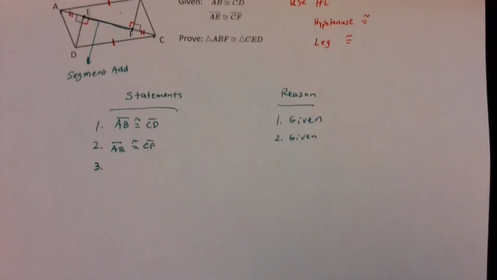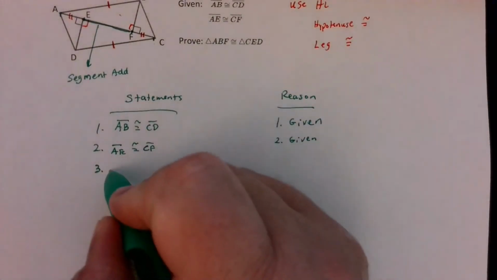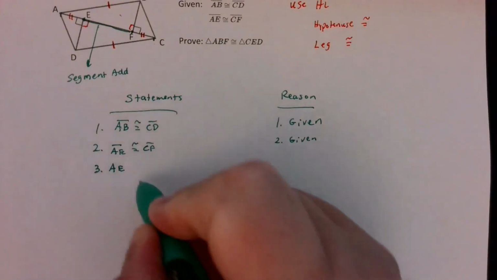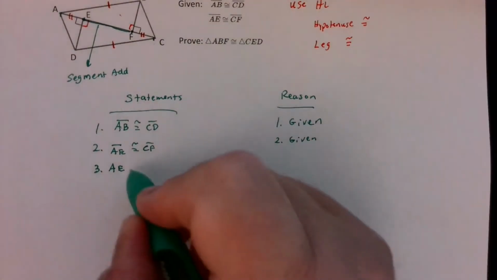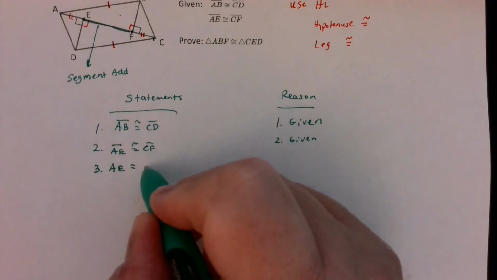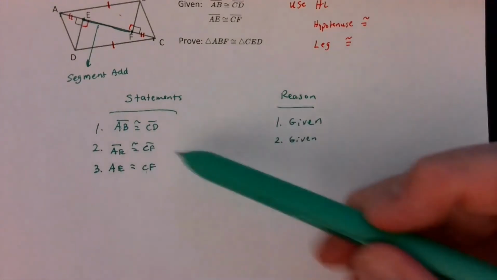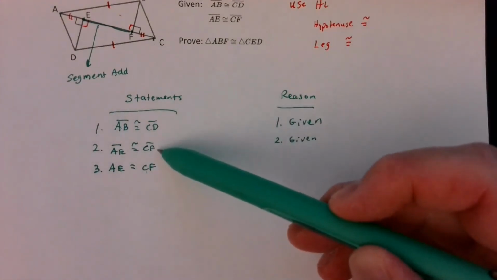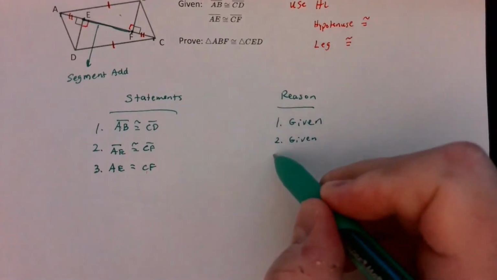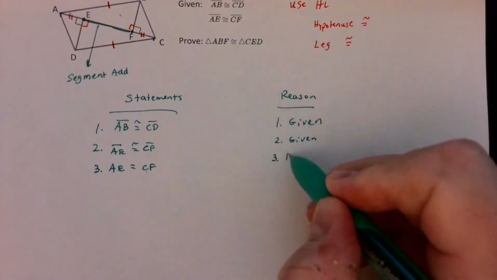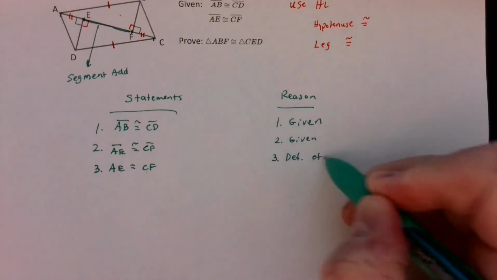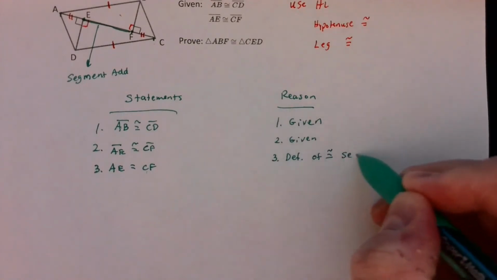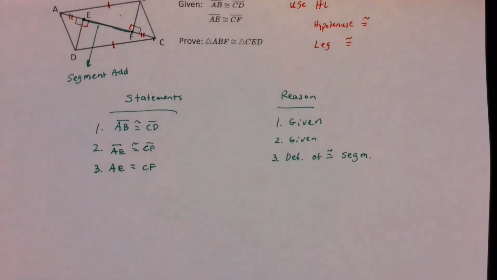So I'm going to make the statement that AE, this is the distance AE, has to be equal to the distance CF, and that comes from this statement right here, and that is by definition of congruent segments. And notice I'm using a little short notation there because this is a two-column proof. I'm asked to write a paragraph, so I'm just abbreviating so I can get through this quickly.